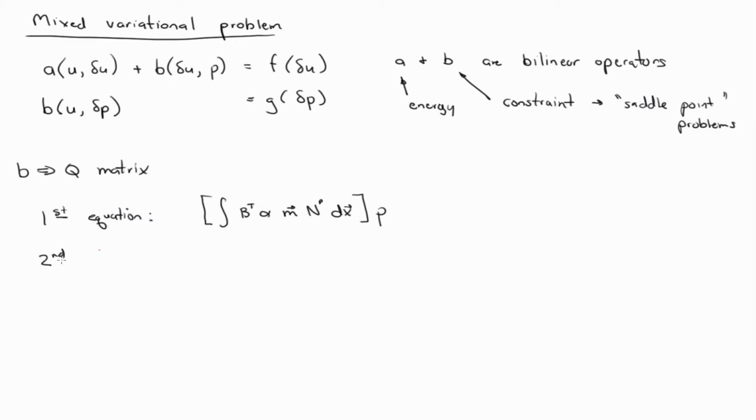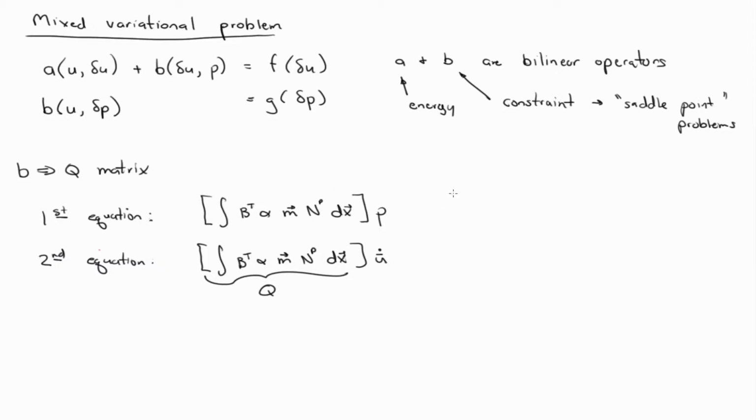And in the second equation, the conservation of mass equation, we had a term like that, right? And since this is the same, we called that the Q matrix.